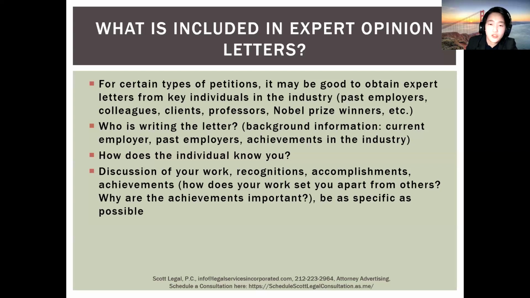For most petitions, we recommend having a mix of independent opinion letters and inner circle experts, what I call inner circle experts. Inner circle experts refer to people who have worked with you in the past and can speak to your achievements in detail just because they have been personally involved. This can take a variety of forms.